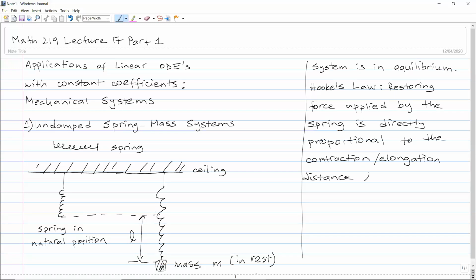In this diagram, it is the length L of the spring. Since it is directly proportional, there is a proportionality constant involved. We are going to call it K, the proportionality constant of the spring.